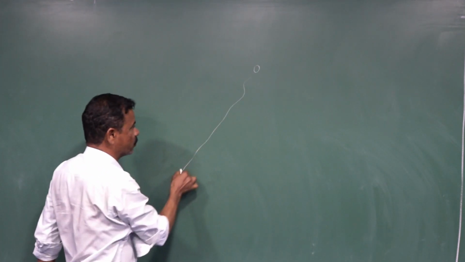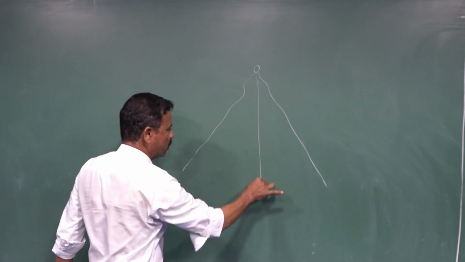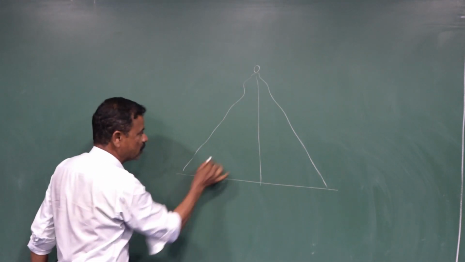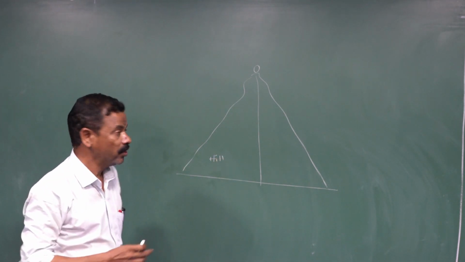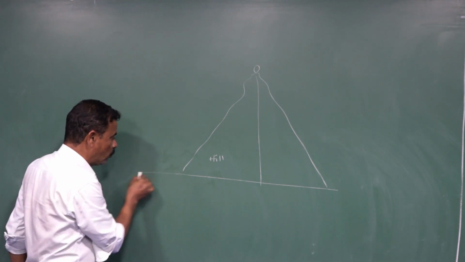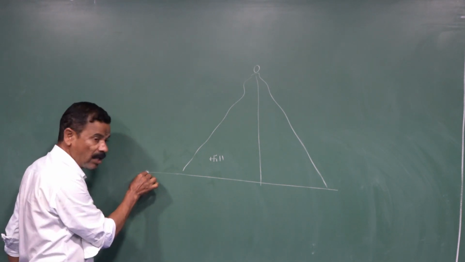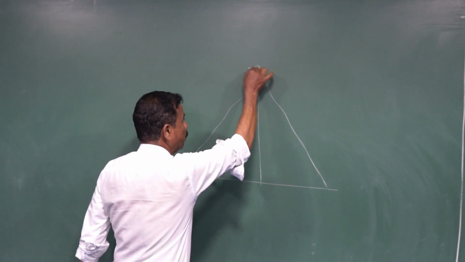The hill is like this. We cannot easily find the height of this hill. How do we find the height of the hill? So there is some problem. We observe from here. This is the observer point. This is the height peak position.